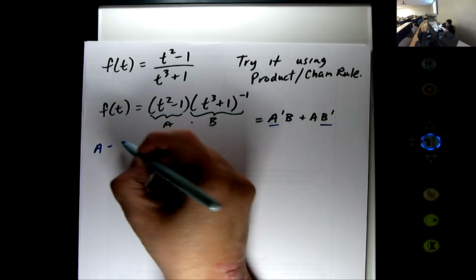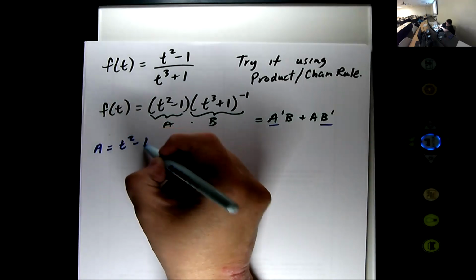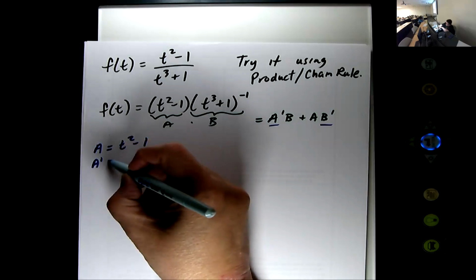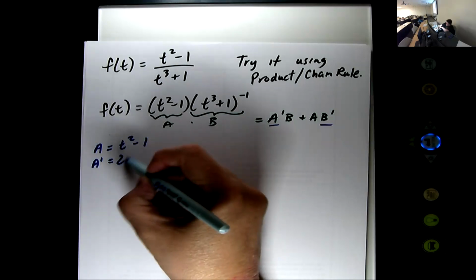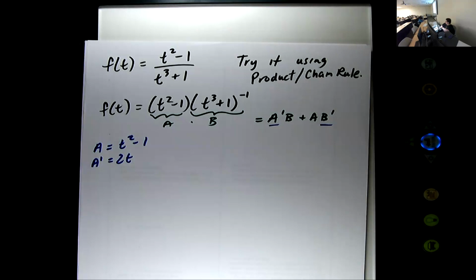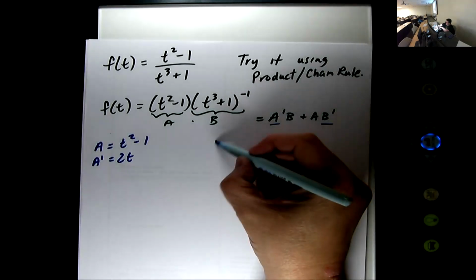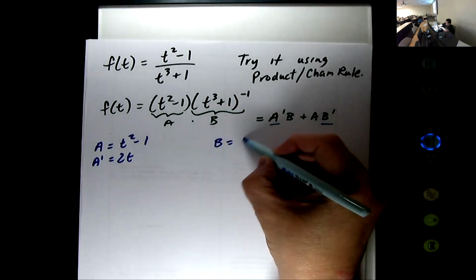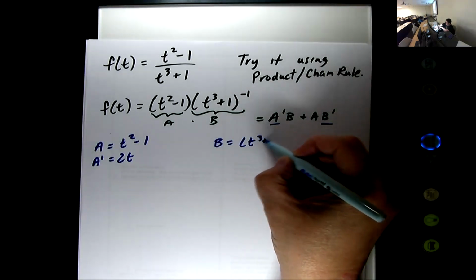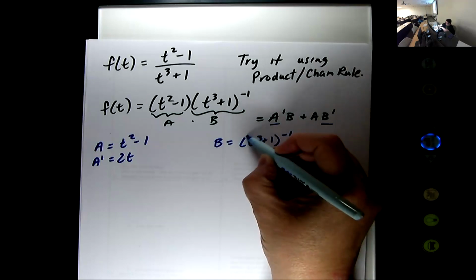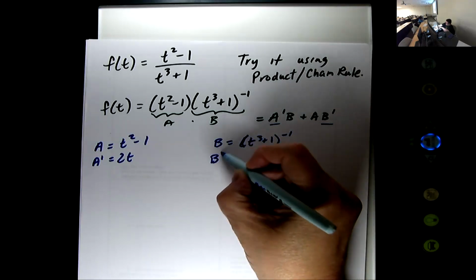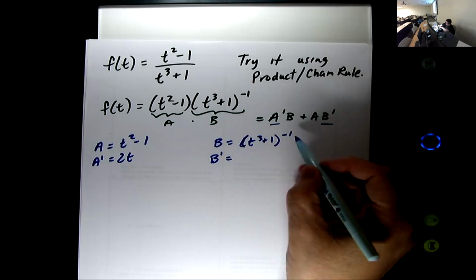If A is t squared minus 1, A prime, I take the derivative, it's just 2t. And I got B equals t cubed plus 1 to the negative 1. When I do the derivative, I need to do the chain rule.